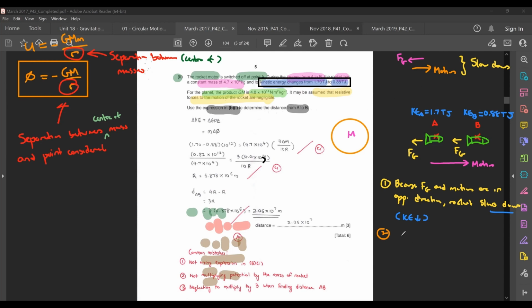Because you're moving from A to B, you can kind of say that your height is increasing. Therefore, your GPE is increasing. Okay, so with these two in mind, what can you say now if you try to relate it to conservation of energy? According to conservation of energy, your decrease in your KE will be equals to your increase in your EPE.